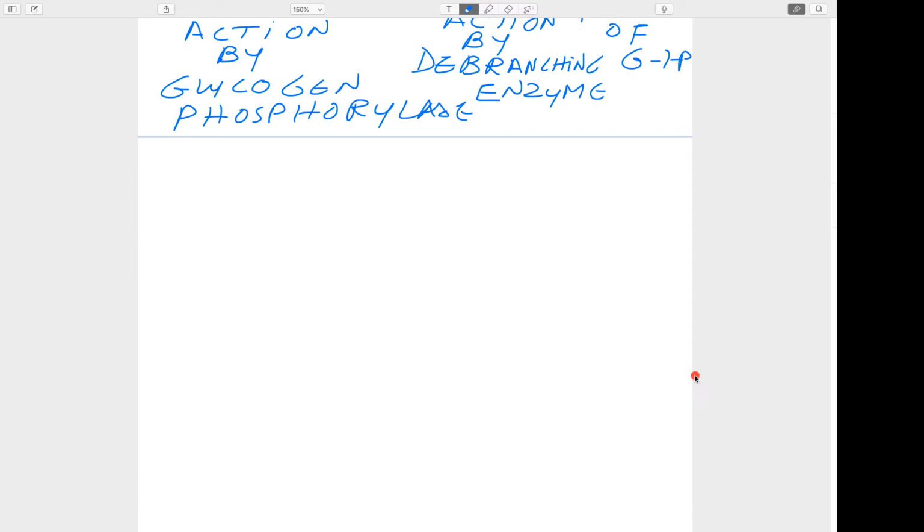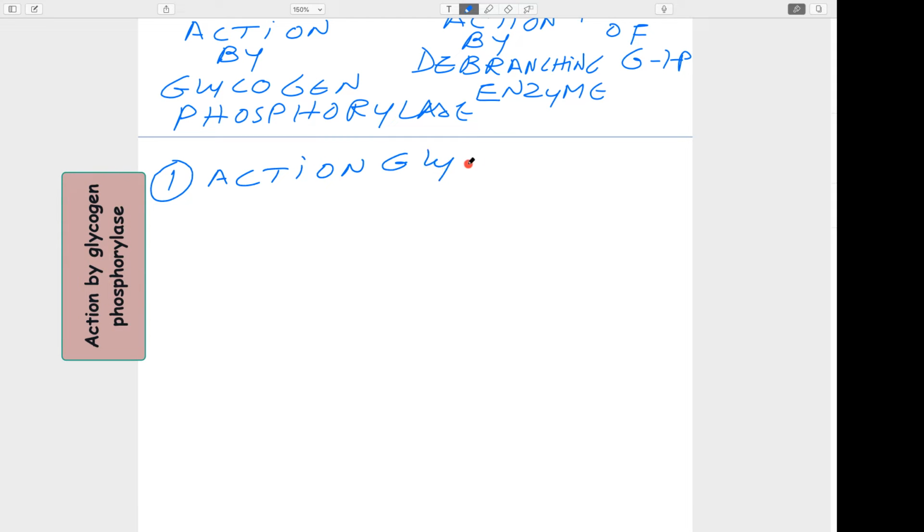Let us first talk about the first step, action by glycogen phosphorylase, the main enzyme of this pathway, like glycogen synthase is the main enzyme of synthesis.